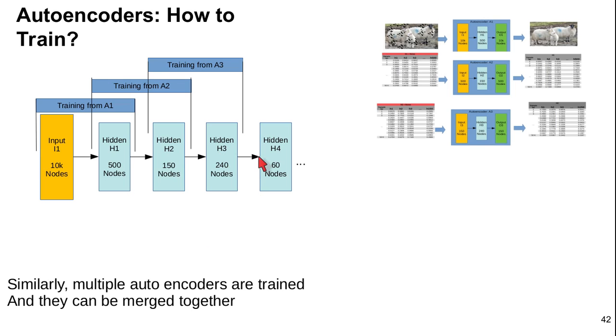This is possible because hidden layer H2 has trained on the features that were output by hidden layer H1. Similarly, hidden layer H3, or rather autoencoder A3, has trained on features that were output by hidden layer H2. Similarly, you could build another autoencoder A4, which has 40 nodes in the hidden layer, 240 inputs in the input layer, 240 output nodes in the output layer.